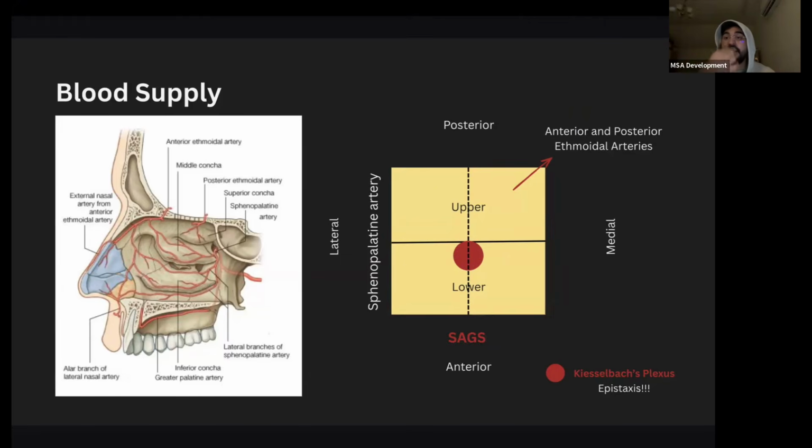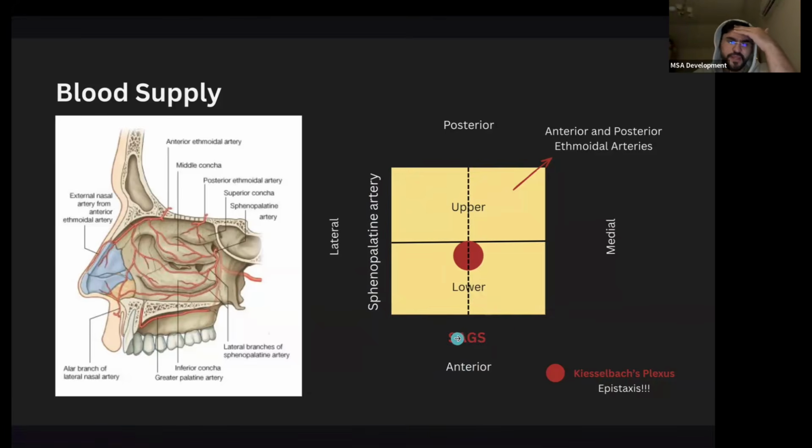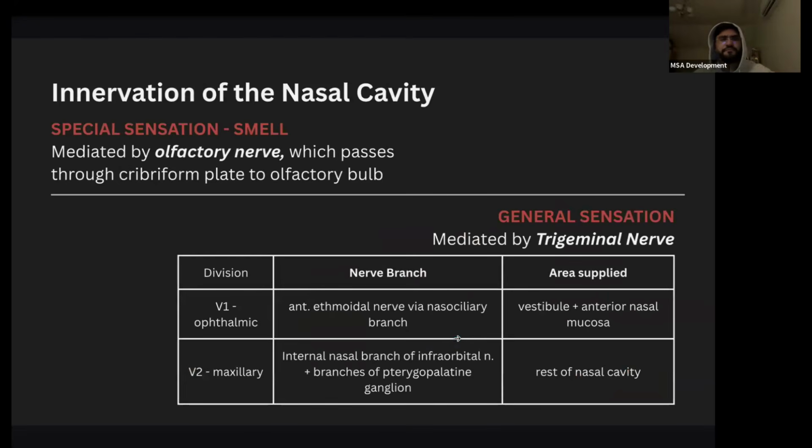And when they break, they're going to have a lot of epistaxis. So just again, the posterior part of your nose is going to be supplied by the anterior and the posterior ethmoidal arteries. The lateral part is by the sphenopalatine, and the anterior part is going to be by the Kieselbach plexus.